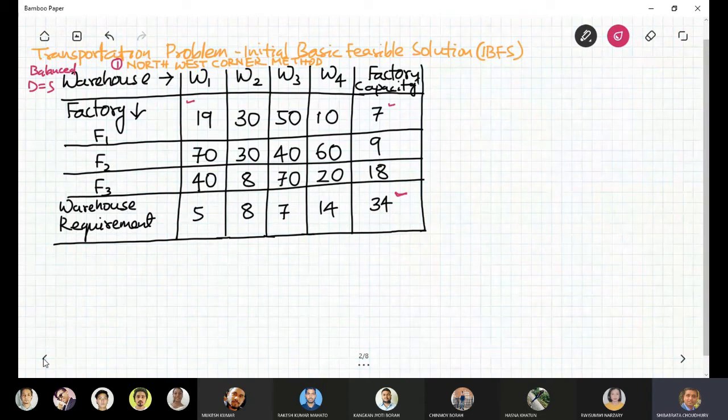Now in this particular cell, what is the capacity? This is the intersection of which one and which one?